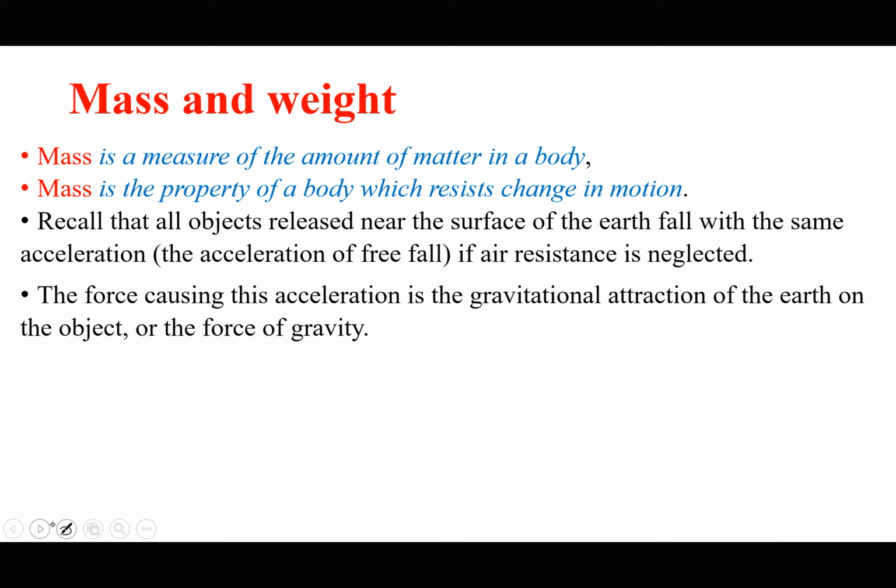This is because the force causing this acceleration is the gravitational attraction of the Earth on the object, or the force of gravity. So, every object close to the Earth's surface will fall with the same acceleration, irrespective of their masses. Because the force pulling these objects is not depending on the mass of the objects, but is depending on the mass of the Earth.